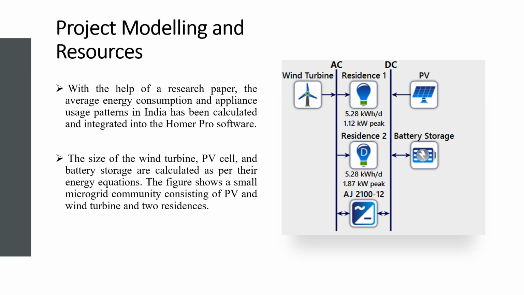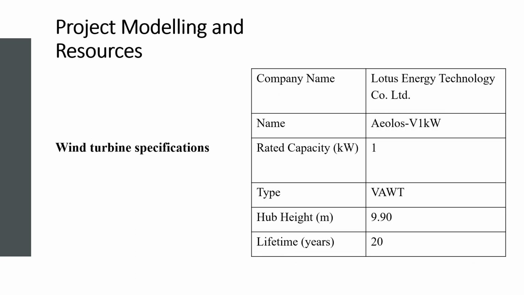Here we used a wind turbine and one PV model, for two residents, where one has 5.28 kilowatt-hours per day consumption and 1.12 kilowatt peak. We are also using battery storage to store the energy, and we will be using an inverter, as PV doesn't give power in AC mode, so we have to convert the DC to AC. That's why we're using an inverter.